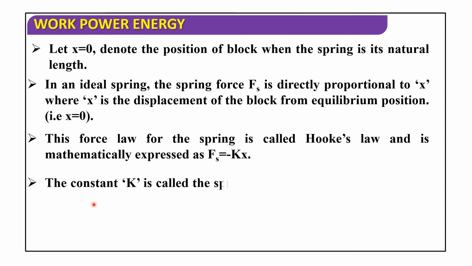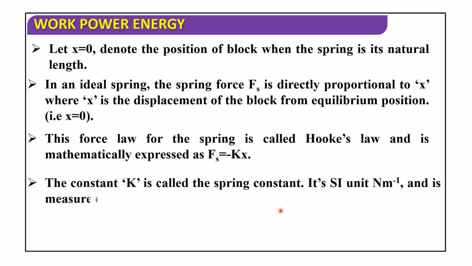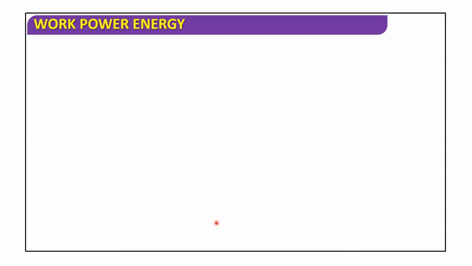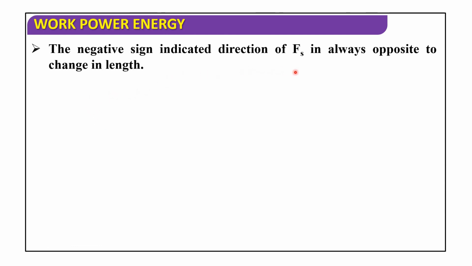The constant k is called the spring constant. Its SI unit is newton per meter and it is a measure of the stiffness of the spring. The negative sign indicates the direction of Fs is always opposite to the change in length.